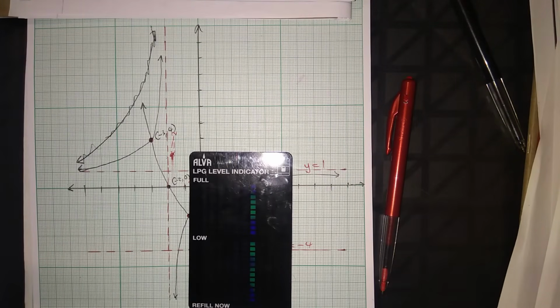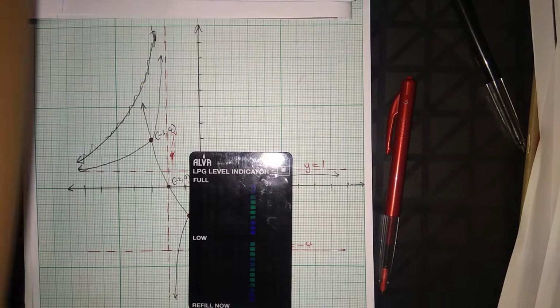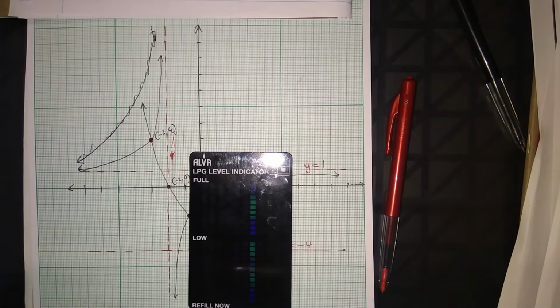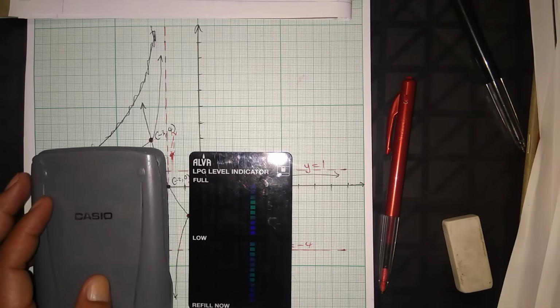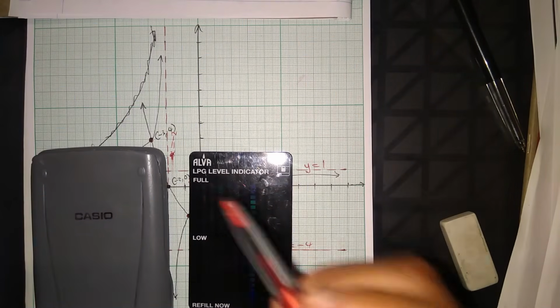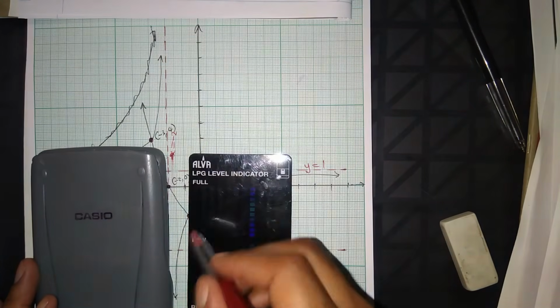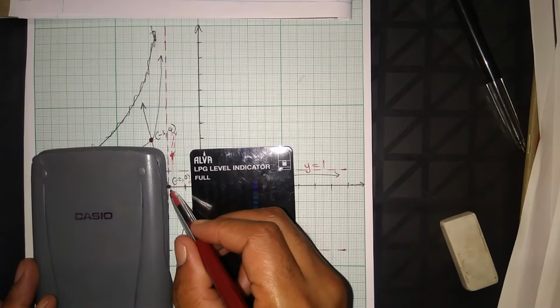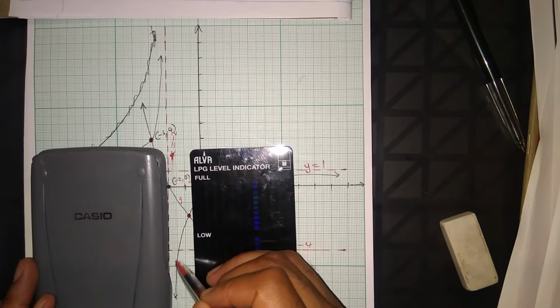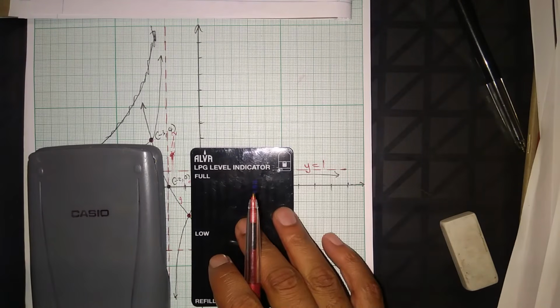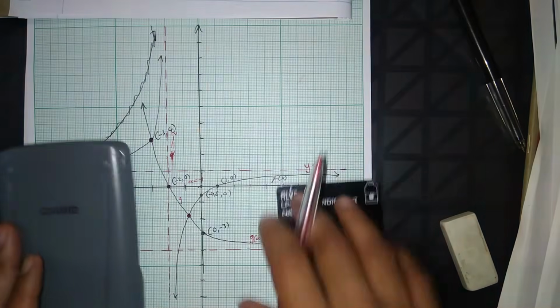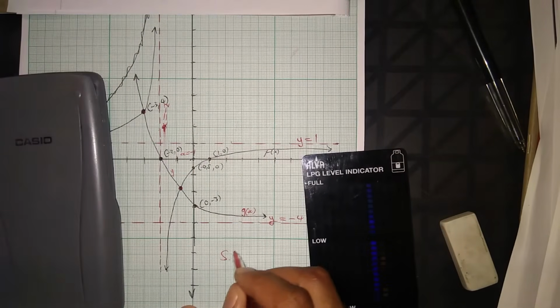Now I want where g is higher and f is lower. This is g. You see where my g is higher, and where f is lower. So therefore our first solution for 5.8.